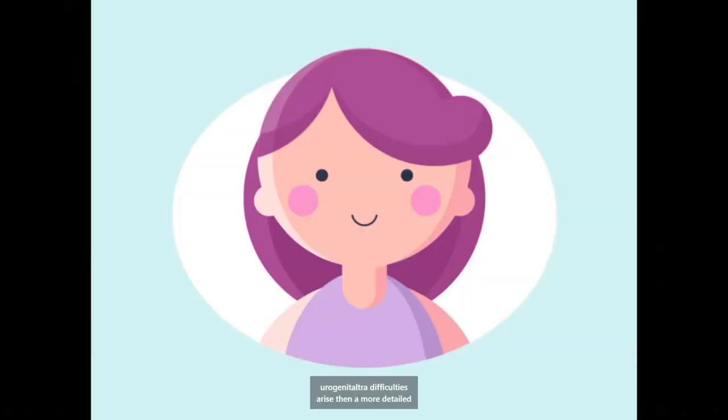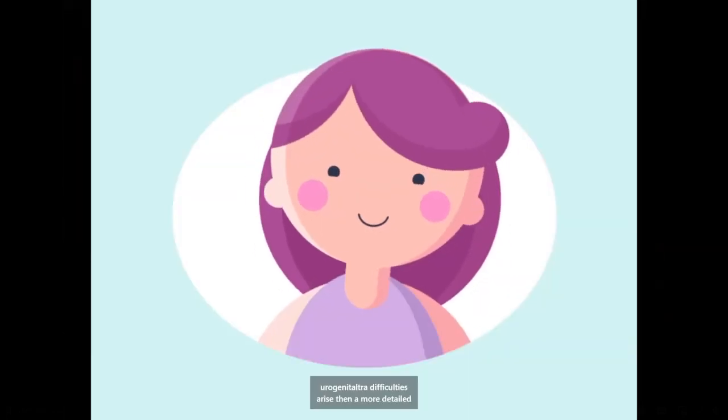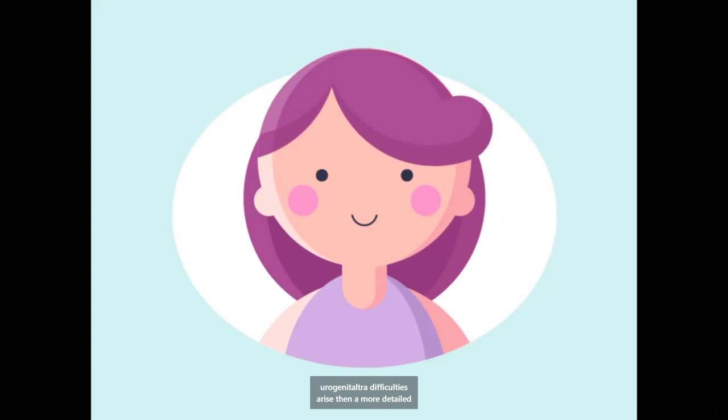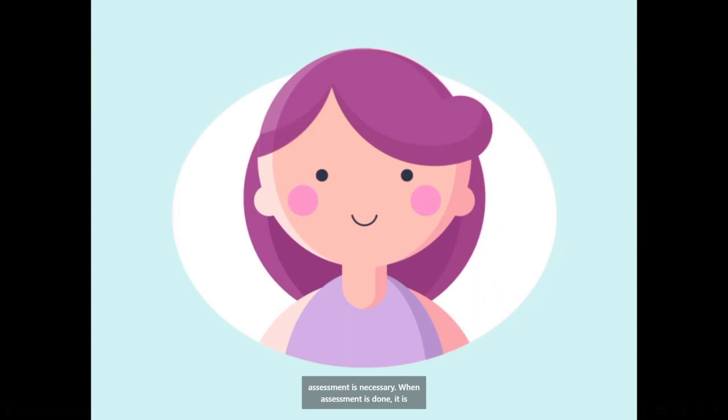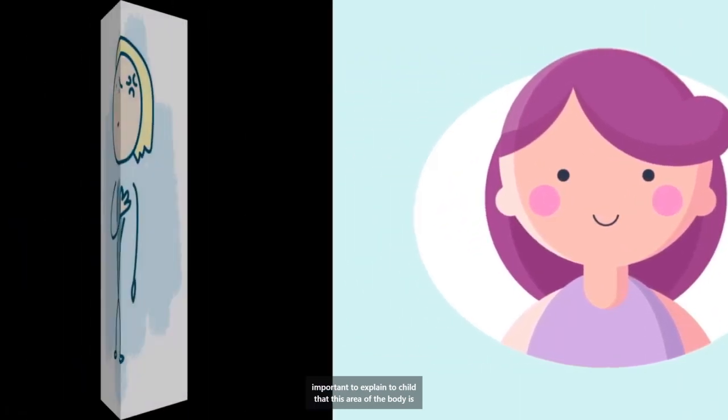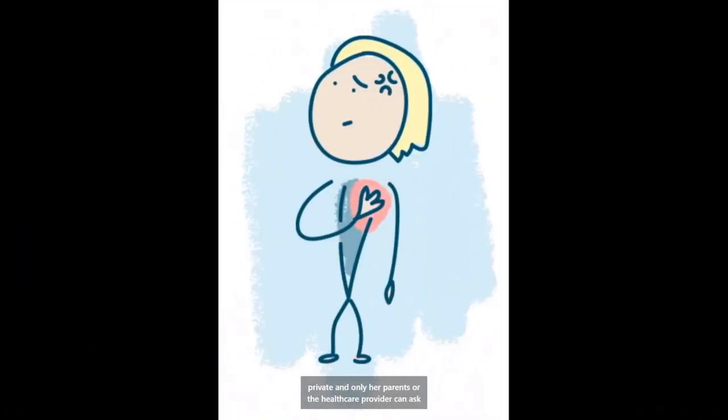If urogenital tract difficulties arise, then a more detailed assessment is necessary. When assessment is done, it is important to explain to the child that this area of the body is private and only her parents or the healthcare provider can ask to look at the area.